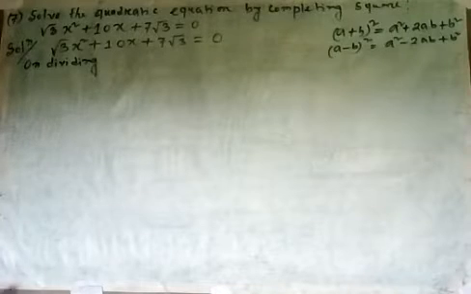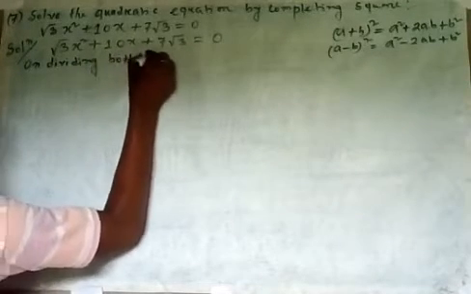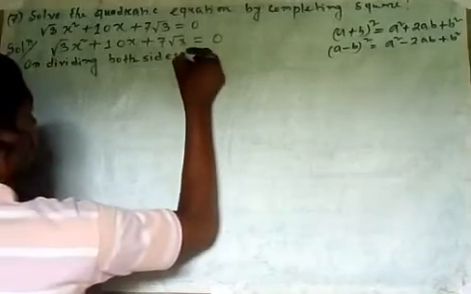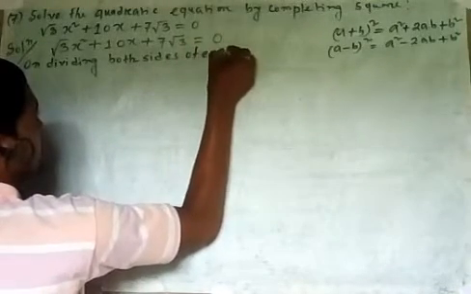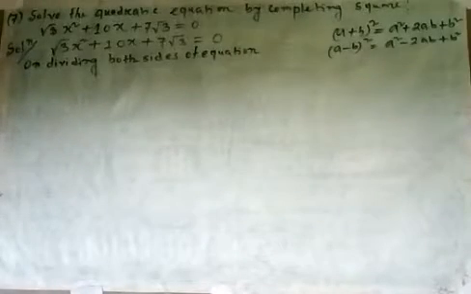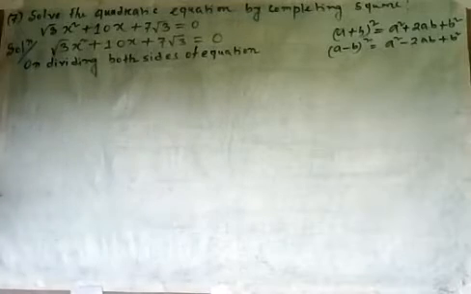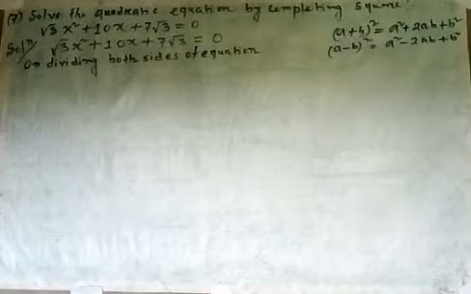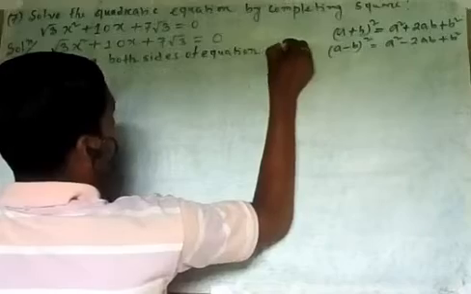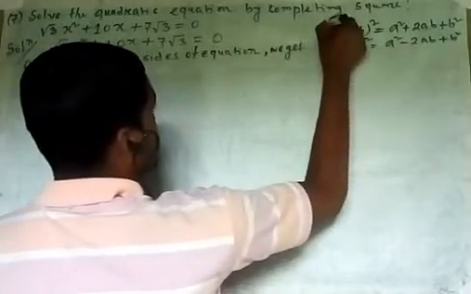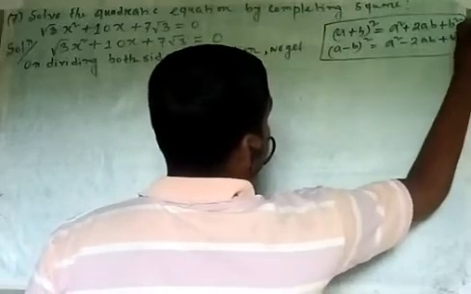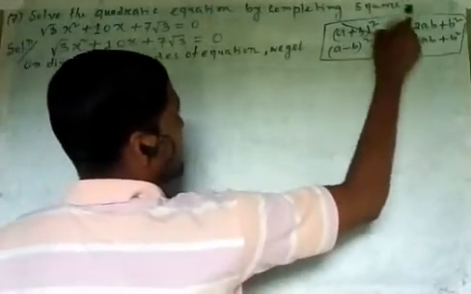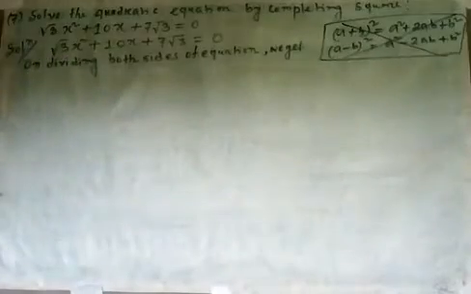On dividing both sides of the equation, we get... This a plus b whole square and a minus b whole square, this is no need.